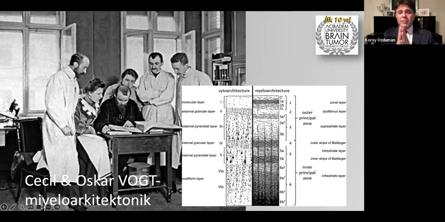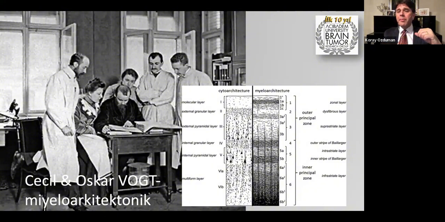In their small laboratory outside Berlin, they started looking at this cytoarchitecture first, but then they thought, oh, the connections of these neurons might also be of importance. Therefore, we should also look into how the myelin is located in different portions of the brain.